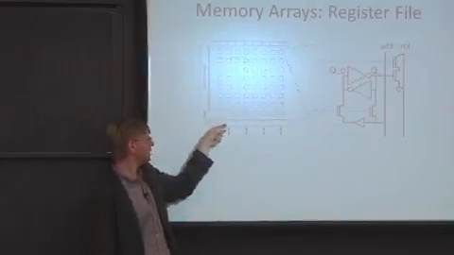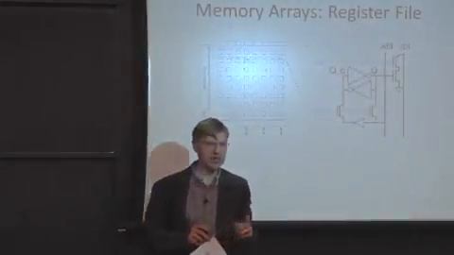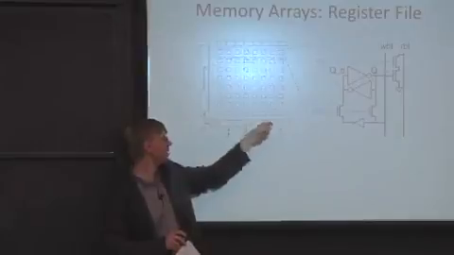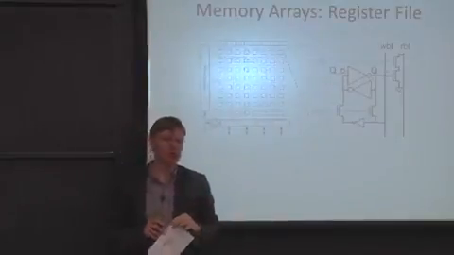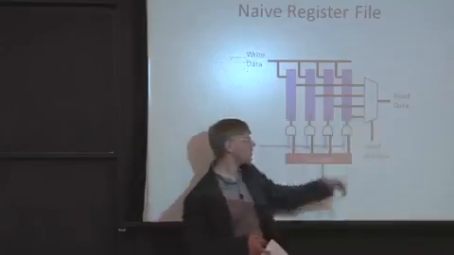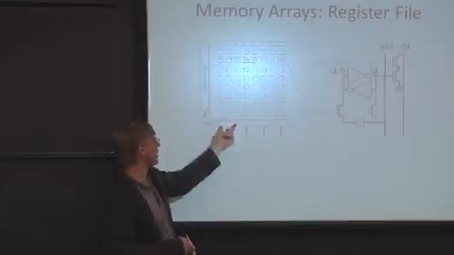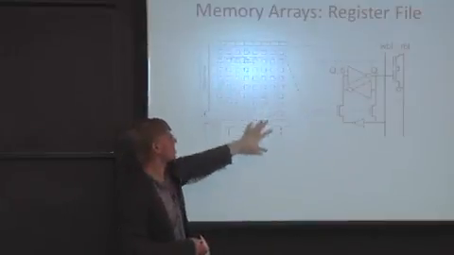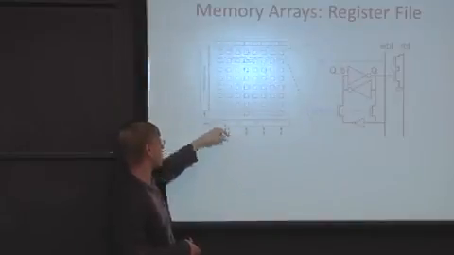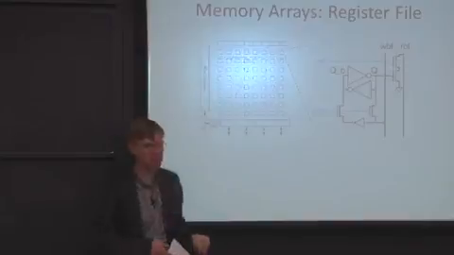But we're actually going to split out some of the bits of our address and send it over to here, which is the column decoder. And that's going to choose. This column decoder is just a multiplexer very similar to this multiplexer, but it's going to only have a subset of the bits. Instead of having all of the bits going through this multiplexer and having an n-bit address coming into it, it instead has a subset of that.